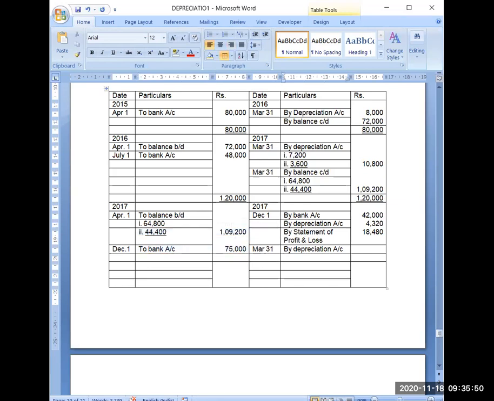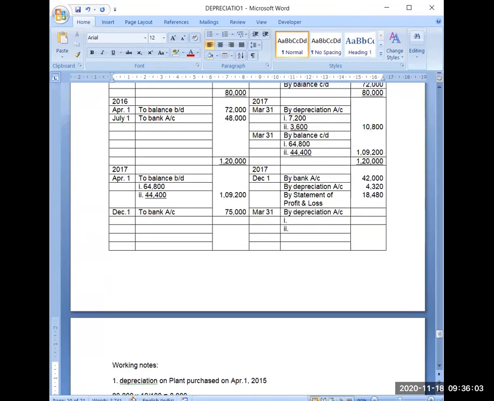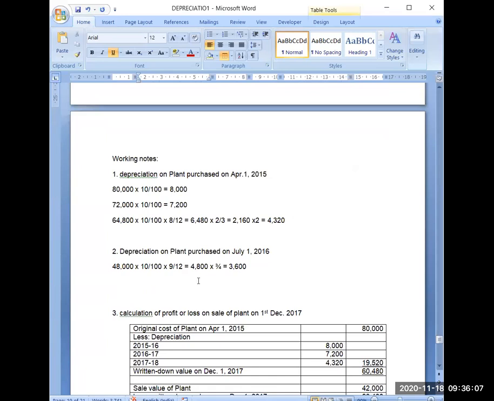Again, we will be carrying depreciation separately for these two. For this plant, the written down value is 44,400. And now this plant has been used for one complete year, multiplied by 10%. So this depreciation will be 4,440.